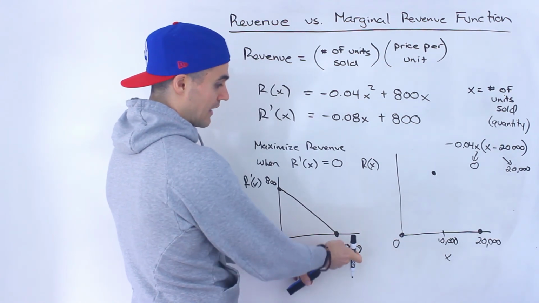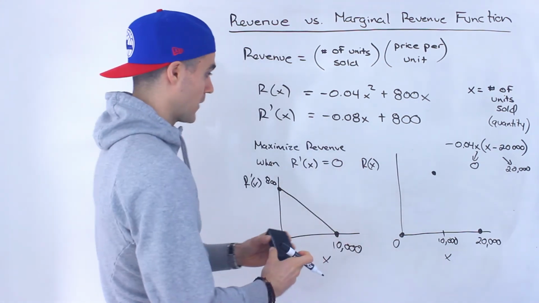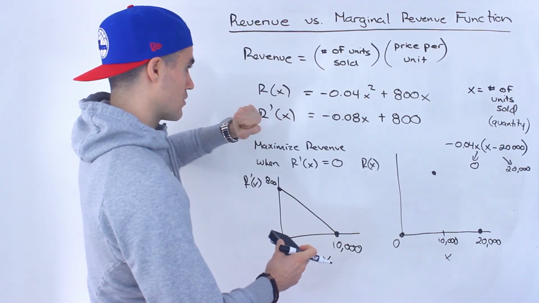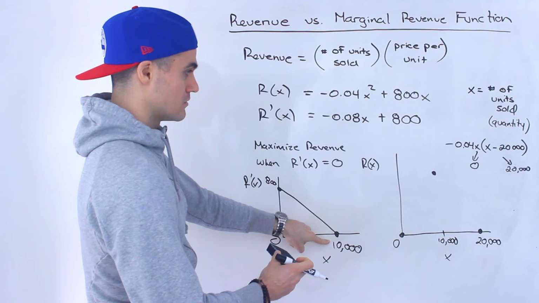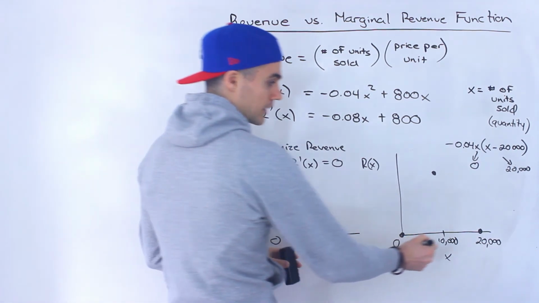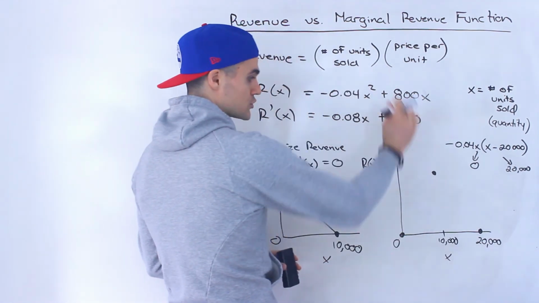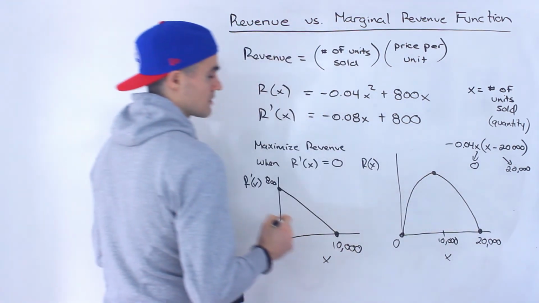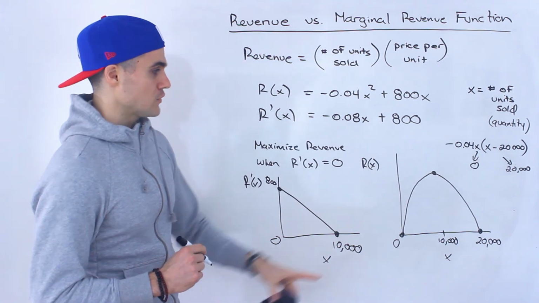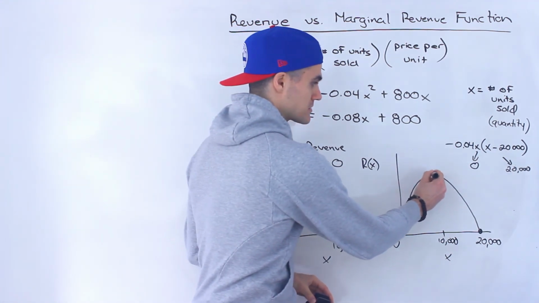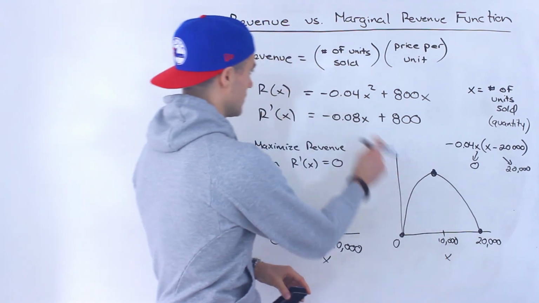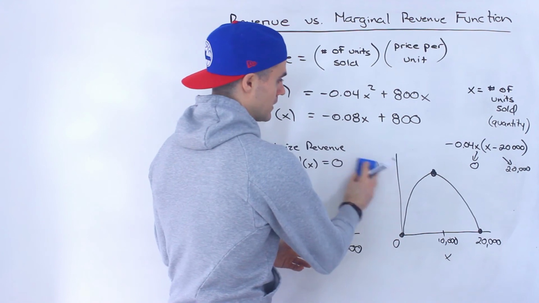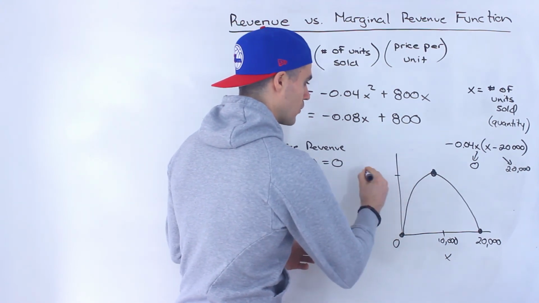So notice that we got that 10,000 in two different ways: figuring out when the marginal revenue is equal to 0, and also figuring out the location of the vertex of the total revenue function. And so it would look something like that. And then if you wanted to get that actual maximum revenue, you could take that 10,000 and plug it into the revenue function, and you would end up getting 4 million.